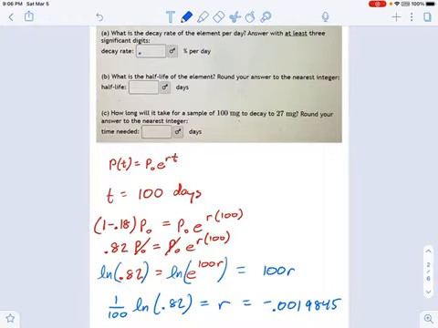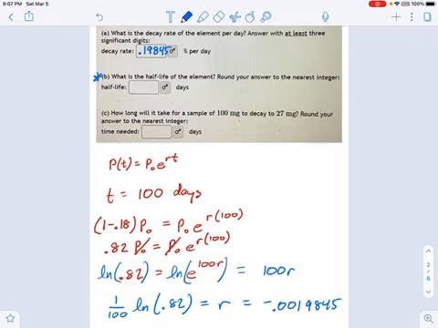You get 0.1984, right? And you can put all decimals there if you want, but at some point you're going to have to round it. I would just suggest using a lot of decimals. 5, 6 decimals is a good number, because every time you round, you're going to make a small error. So keep that small. Next question, what is the half-life of the elements?